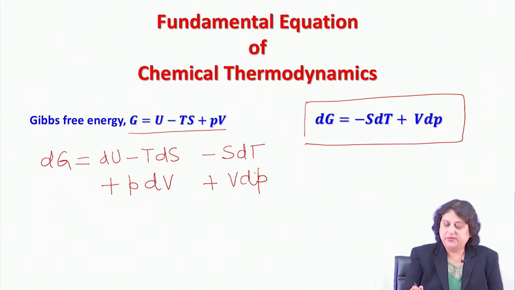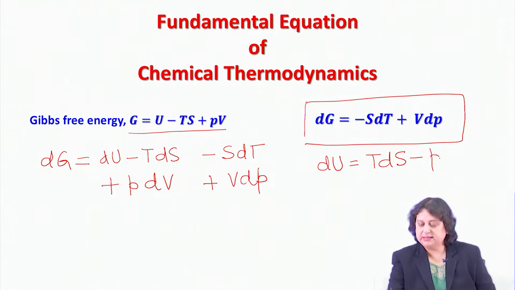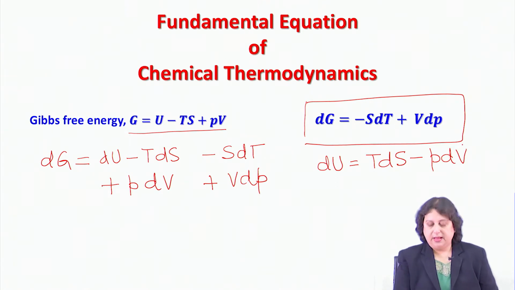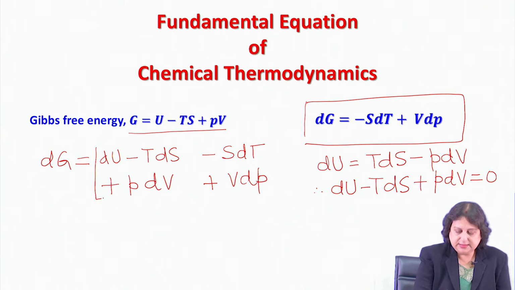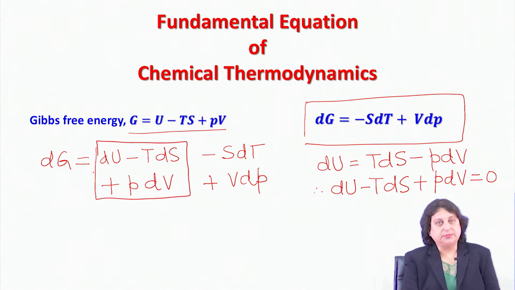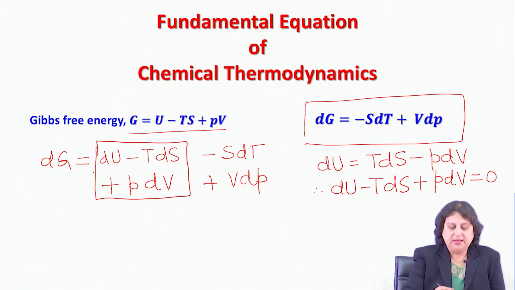Now for a reversible change in state, the combination of the first law and the second law of thermodynamics tells me dU = TdS - PdV, and therefore I can write dU - TdS + PdV must be equal to 0. This is the combination of terms that, according to the first and the second law of thermodynamics, must go to 0.